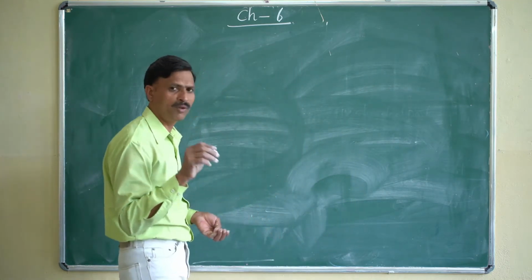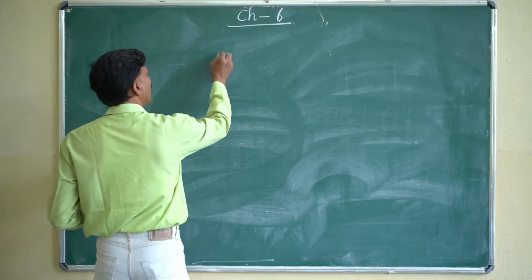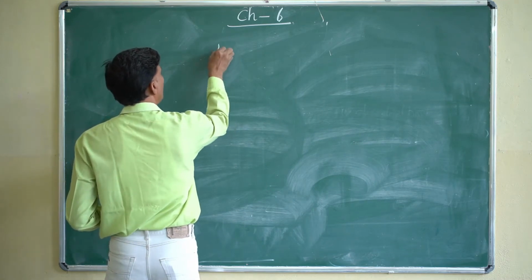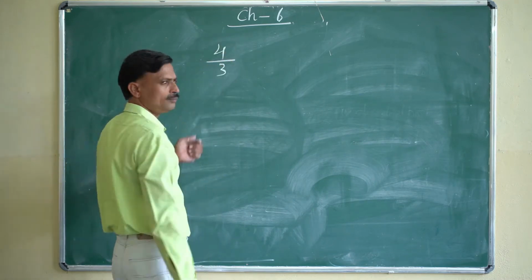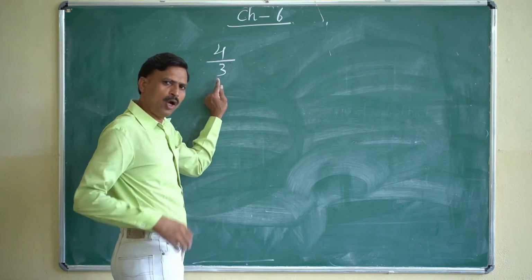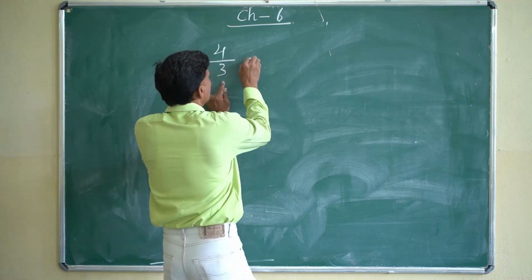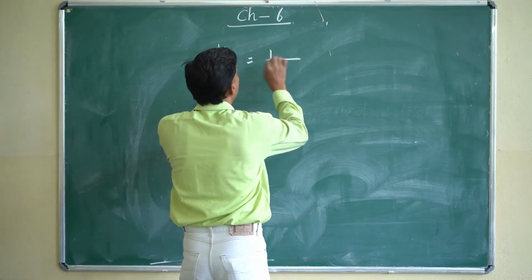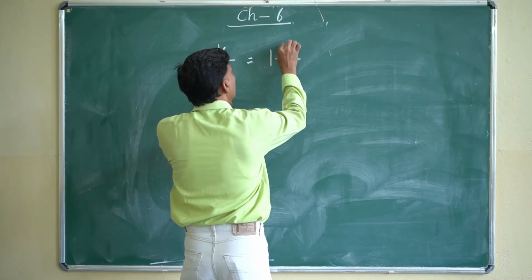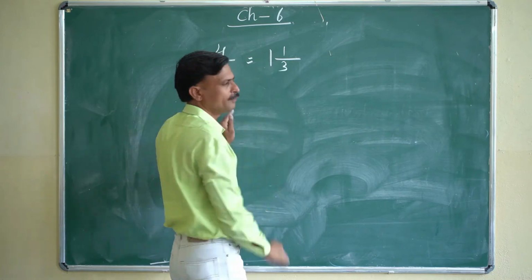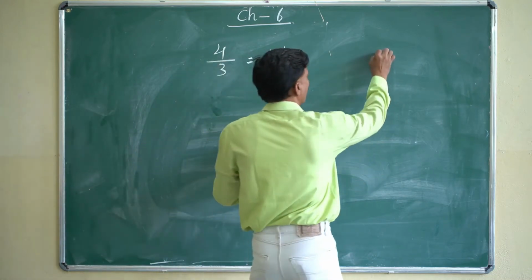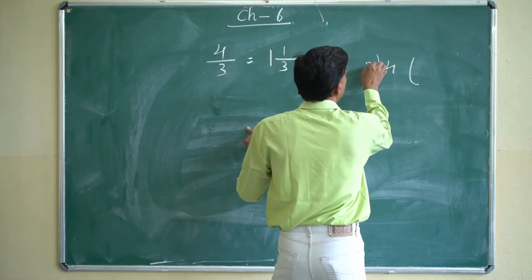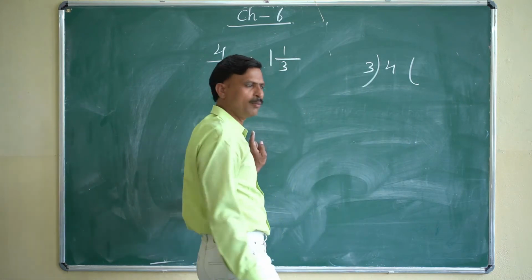Suppose we have an improper fraction, 4 by 3, right? This 4 by 3 we can also write as one whole number, 1 by 3. Why? 4 divided by 3, how many times will it divide?